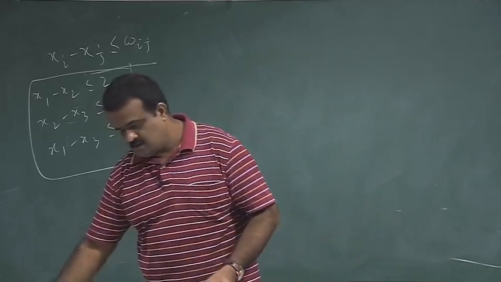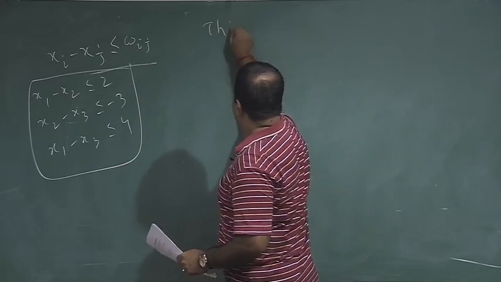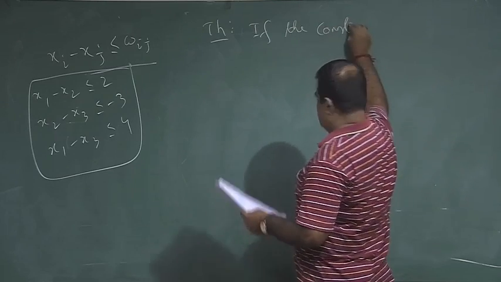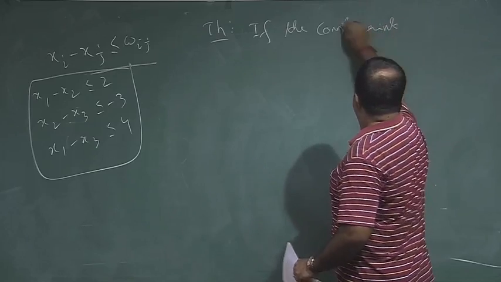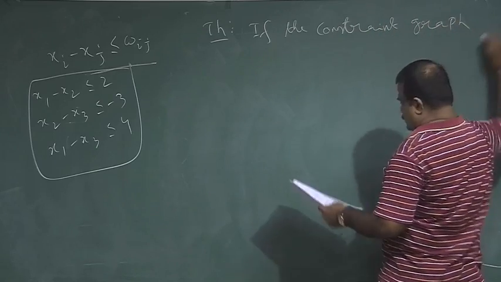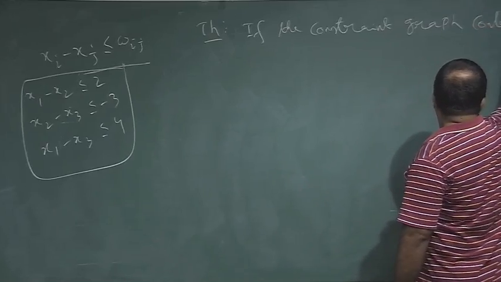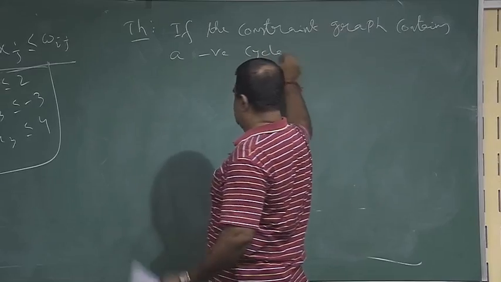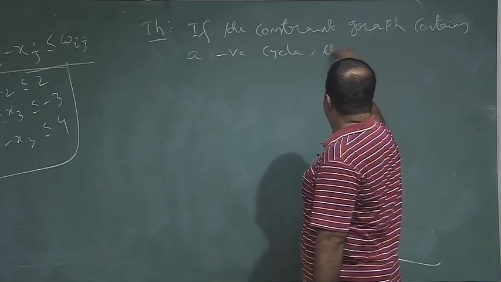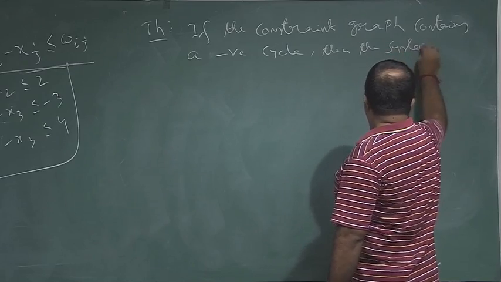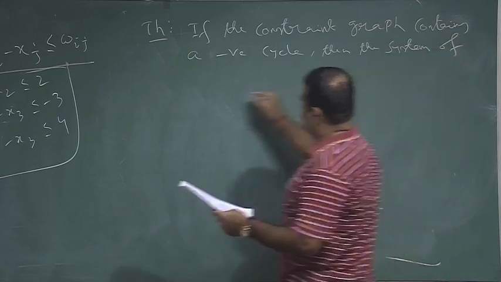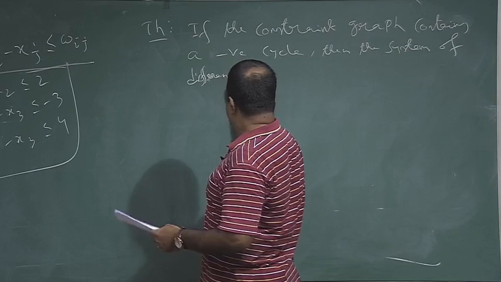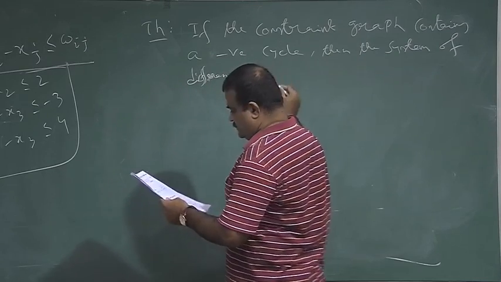This theorem is telling us: if the constraint graph contains a negative cycle, then the system of difference constraints, that means the system of linear inequalities, is unsatisfiable.